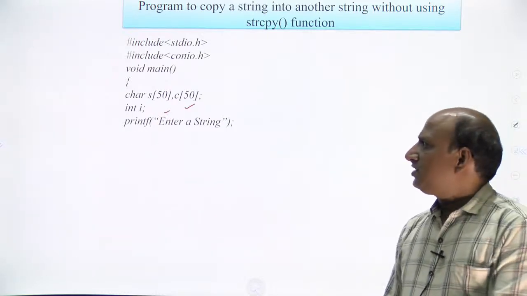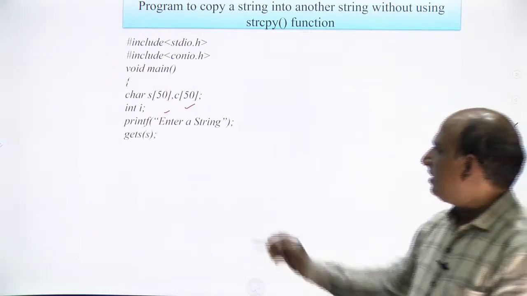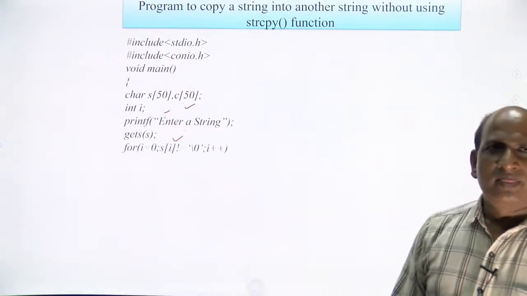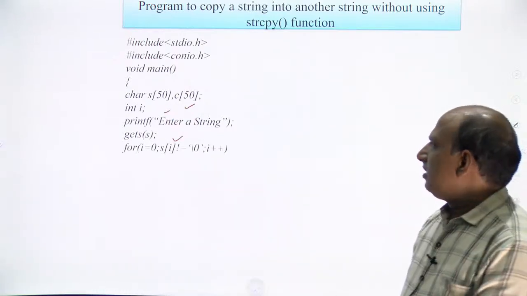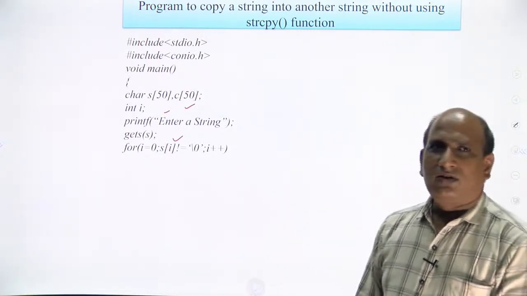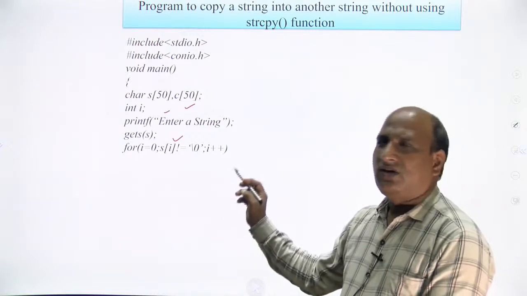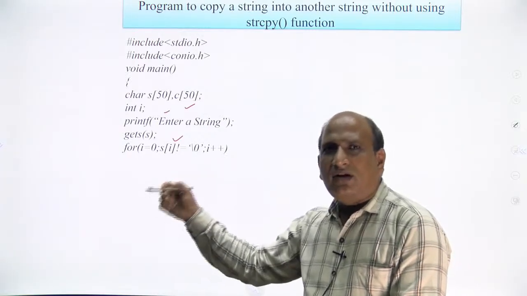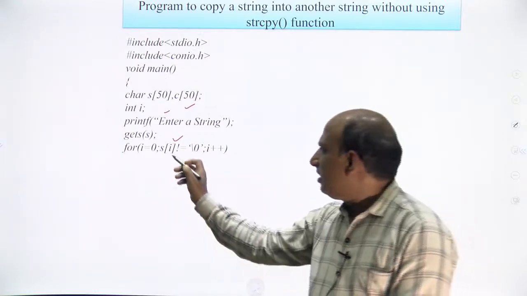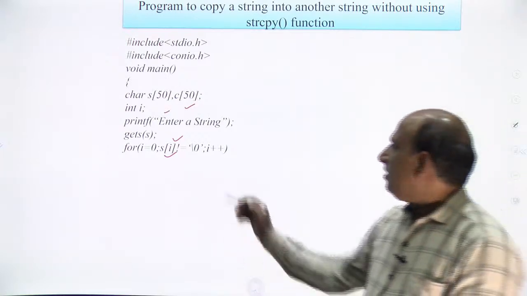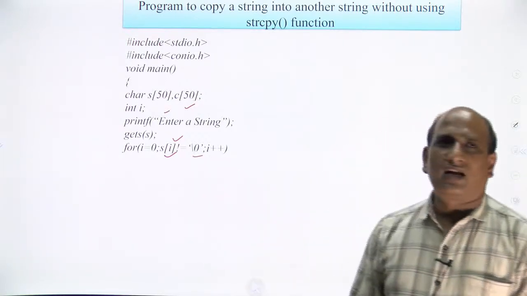Firstly, I have written a message to enter a string, and by gets I have entered this string into this s array. So I have traversed this array. I have written this for loop: i equals 0, s[i] is not equal to '\0', i++, which means it will keep on traversing each character of the string until we find this null character.